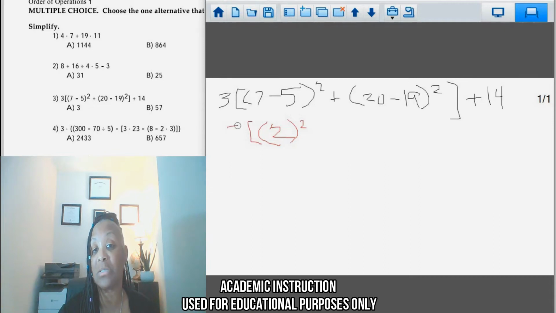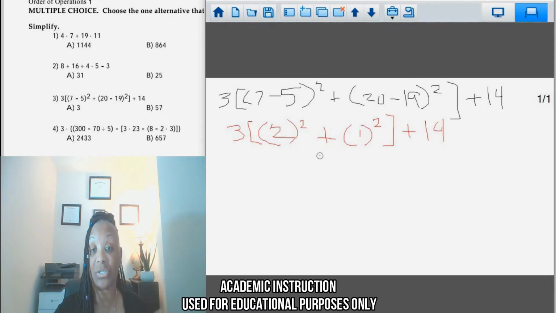You can also bring down the rest of your values as you're doing your order of operations. That's going to be plus 20 minus 19, which is 1. That's also going to be squared in brackets, plus 14. Now we're still solving the expressions that are within the brackets first.